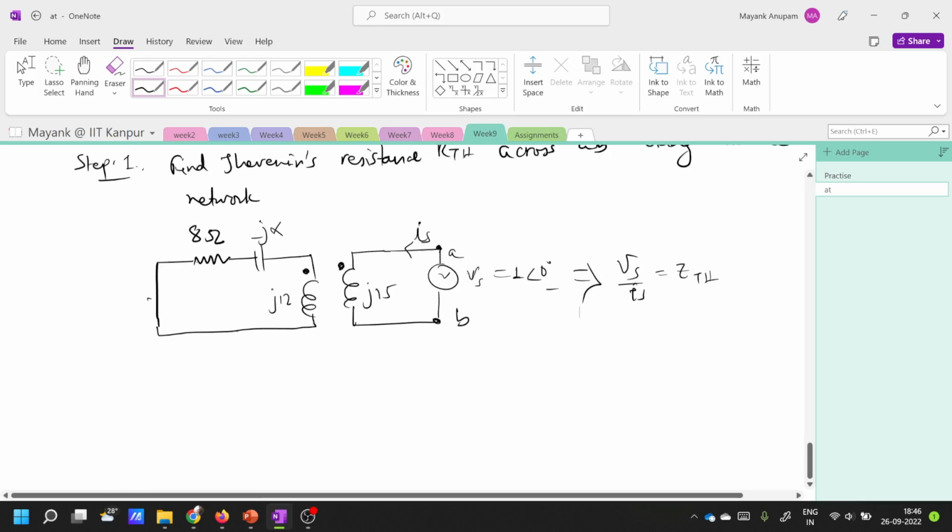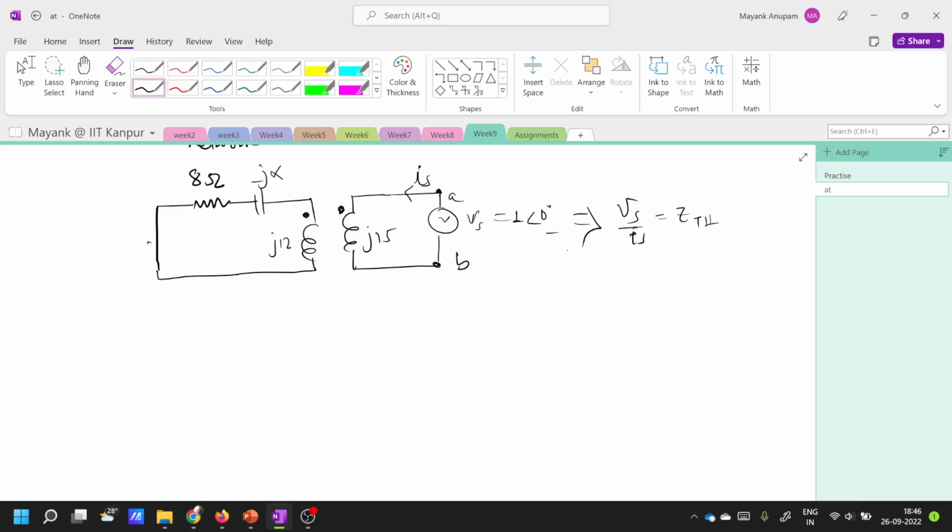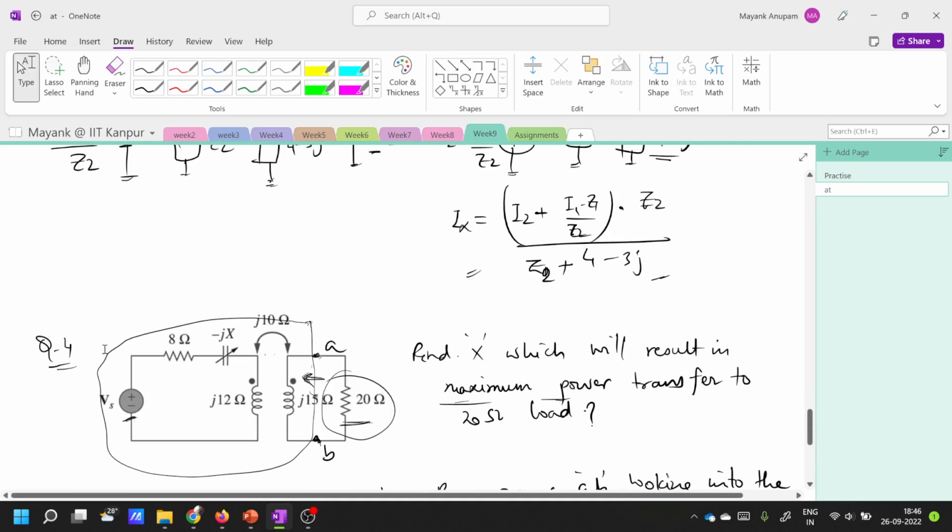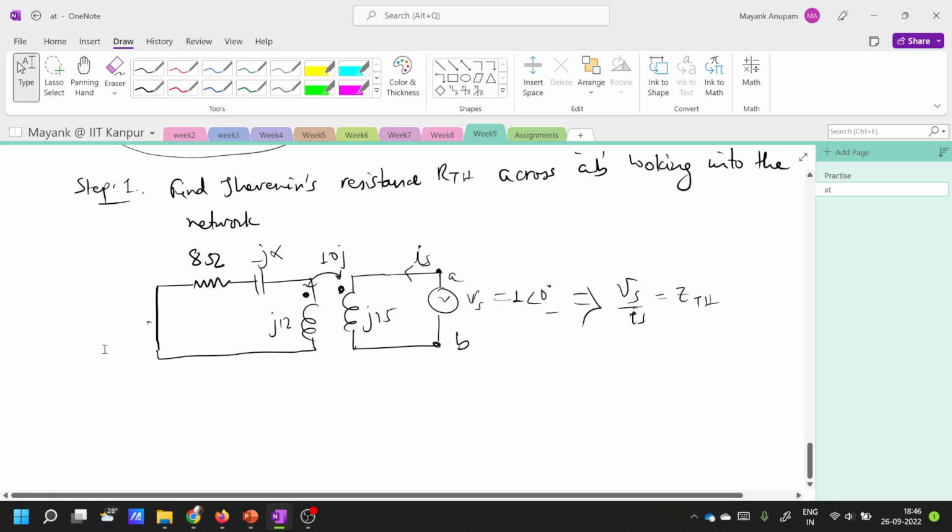So let's do that. By the way, the mutual inductance value is 10j. All these things are in ohms.